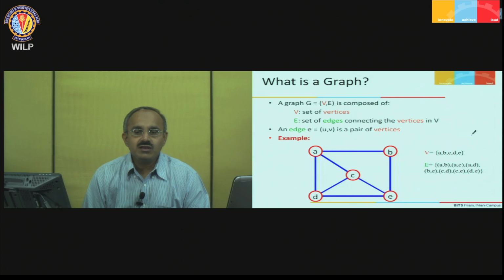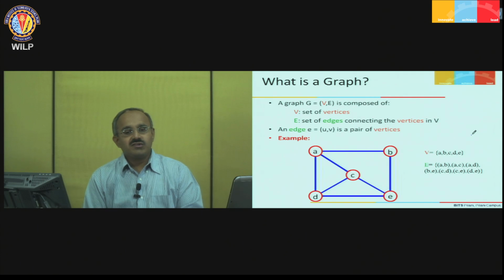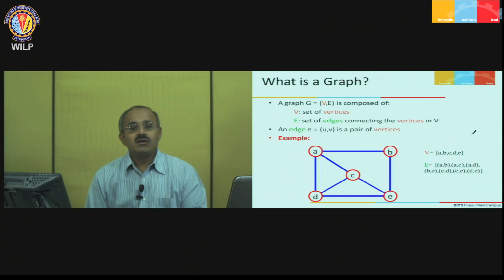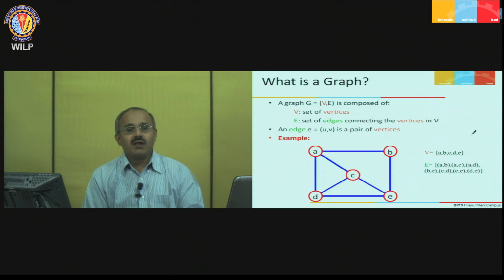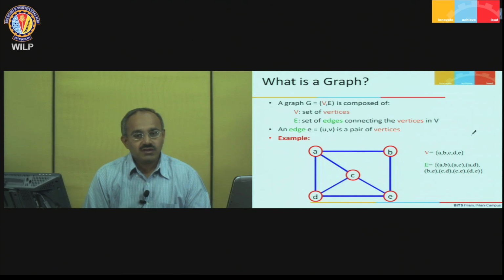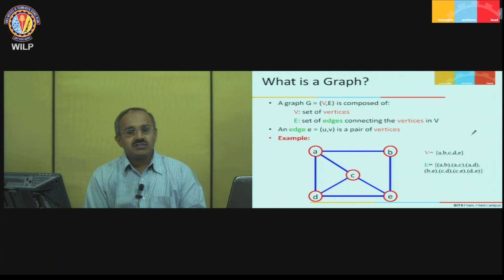This particular example also can represent a real life situation. A, B, C, D, E could be just 5 persons in a particular room or 5 persons that you want to look at or consider, and the set E, which is the set of edges, can be the relationship between these 5 people. Right?